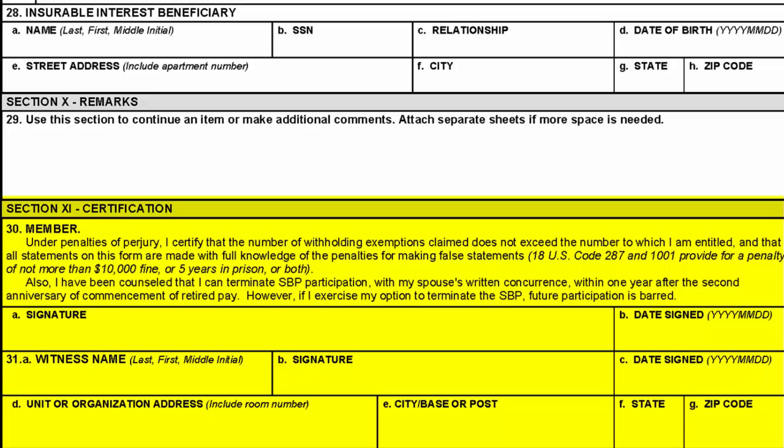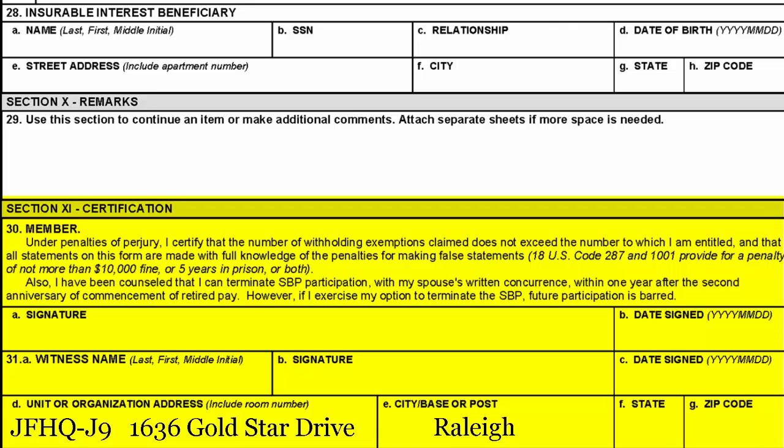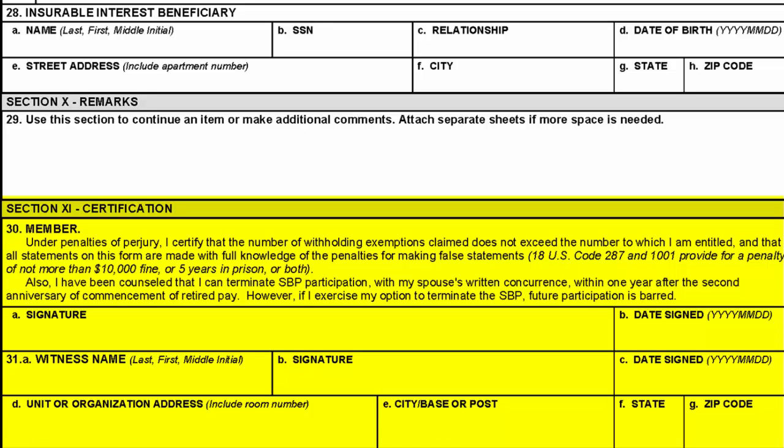In 31D, the unit or organization address that they represent. In 31E, the city or base in which they represent. In 31F, the state, again abbreviated. In 31G, the zip code.